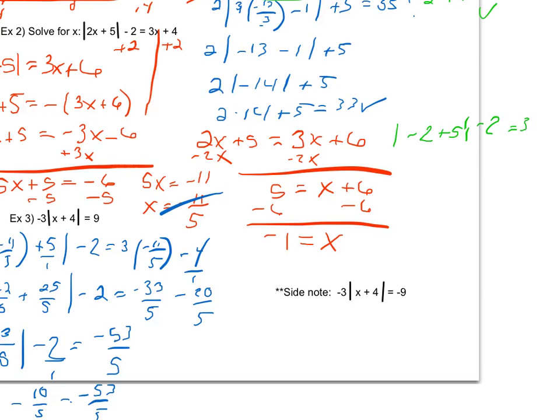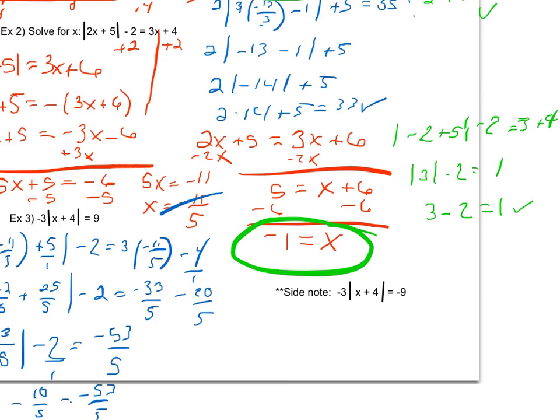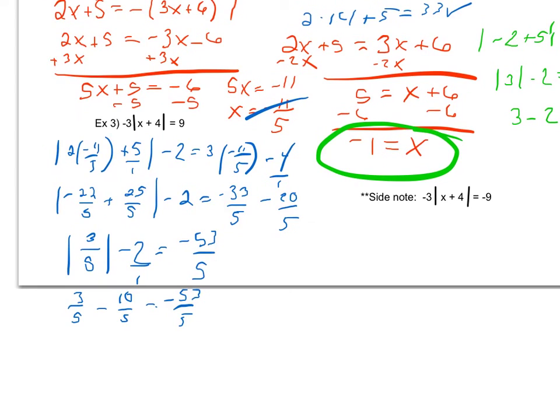Does that equal 3 times negative 1, so negative 3 plus 4? Sorry, I just don't have quite enough room on this little screen I use. Negative 2 plus 5 gives me absolute value of 3 minus 2. Remember, this is negative 3 plus 4, which is 1. So 3 minus 2 equals 1. You bet it does. So here is my only solution for this one. Okay, so again, the other solution was extraneous.